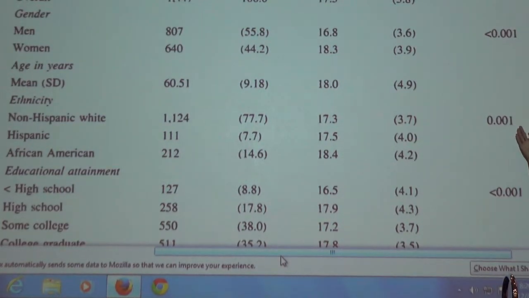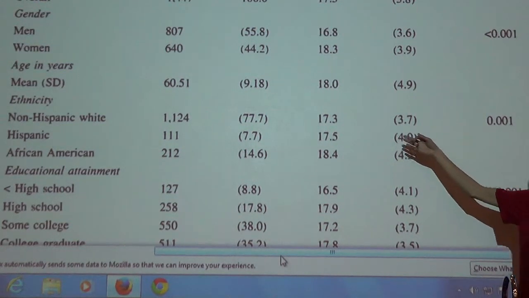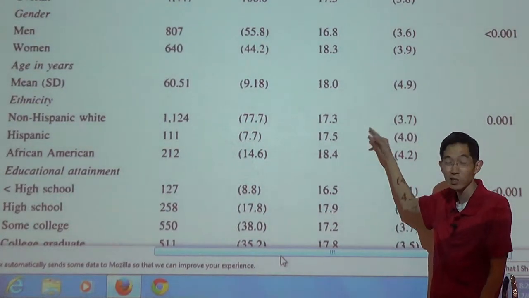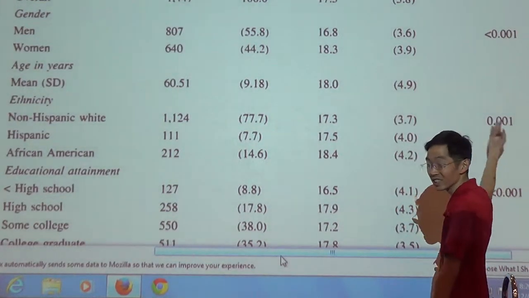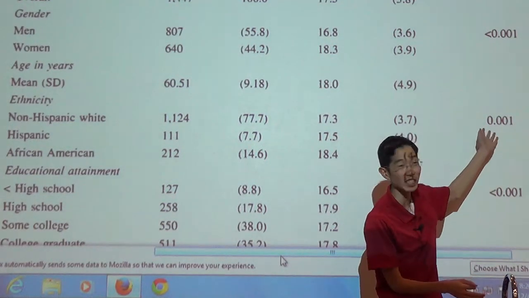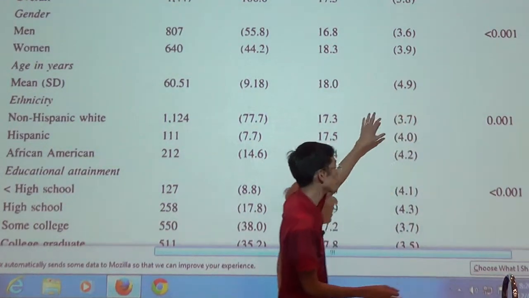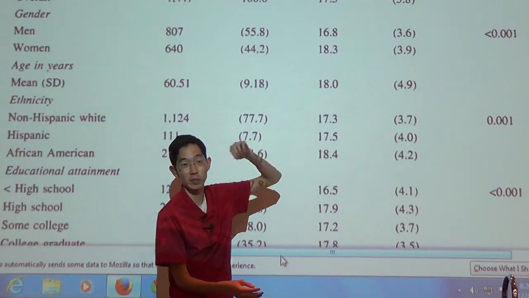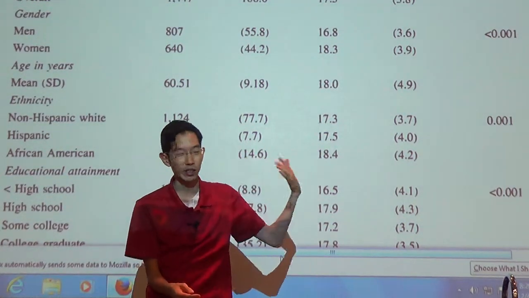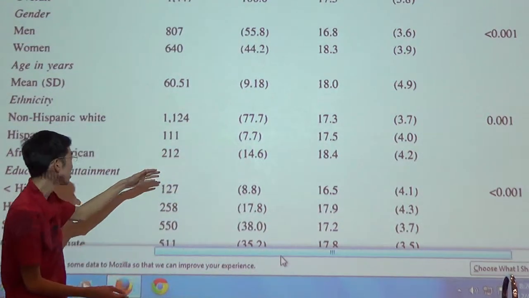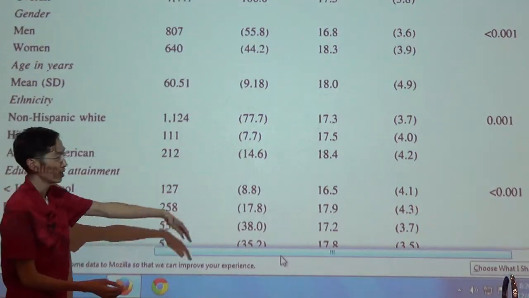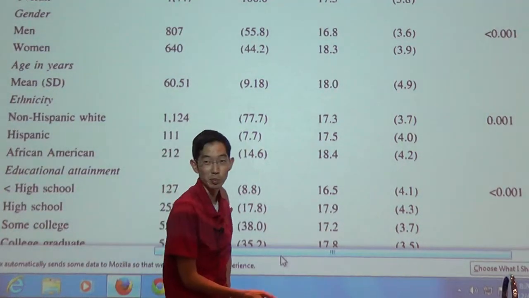So that would give us reason to believe the results I see here probably didn't happen from random chance alone. It's possible, but this p-value indicates that it's very unlikely that random data is going to produce means that are this different from each other. So I would probably conclude that ethnicity does play a factor in the age that someone started smoking.